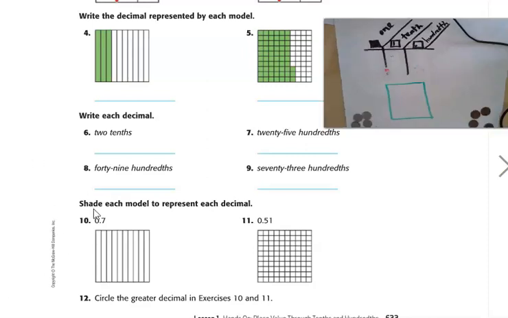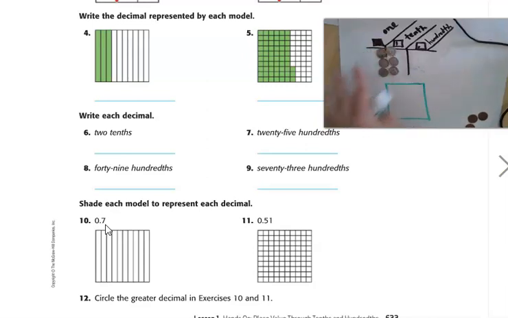Okay, now instead of writing anything, I'm going to draw on my pictures. And it says shade 7/10, which would be like having 2, 4, 6, 7 dimes. How would I represent that on my model here?